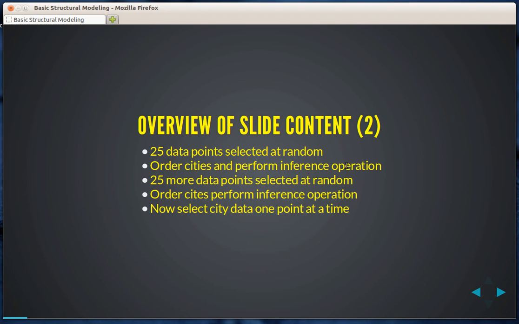We order the cities to perform the inference operation. Then we do 25 more data points, order the cities and perform the inference operation again, and now we select the city data one point at a time. This is a more detailed approach to the process, and it will hopefully become clearer as we go through each slide in order.